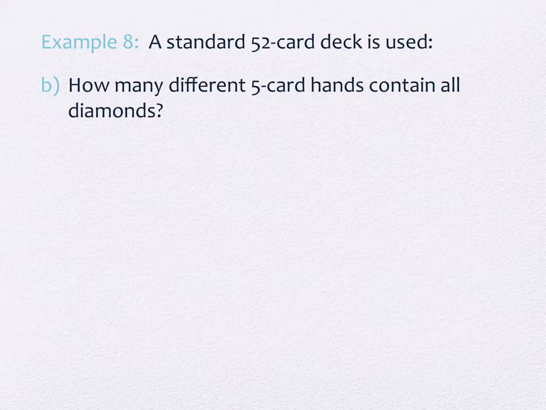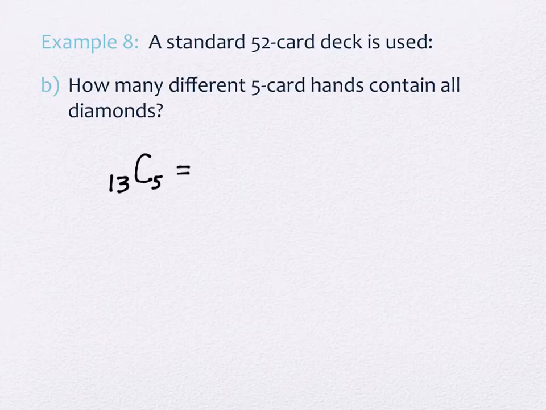So how many diamonds are there? How many? 13 is right, yeah. There are 13 diamonds. So they're still combinations, still doesn't matter what order they show up in my hand. I just want them to all be diamonds. So from the 13 diamonds, I want 5 that are all diamonds. So this is going to be the number of hands that could be dealt that are all diamonds.